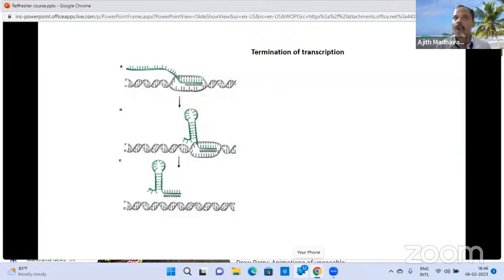One of the mechanisms is not dependent on this protein, hence it is called Rho independent. Now I'm going to very quickly discuss what is the Rho independent mechanism of stopping transcription. What is stopping transcription? The newly synthesized RNA molecule has to come out and be free, ready for translation and so on. And the bubble has to close, done.